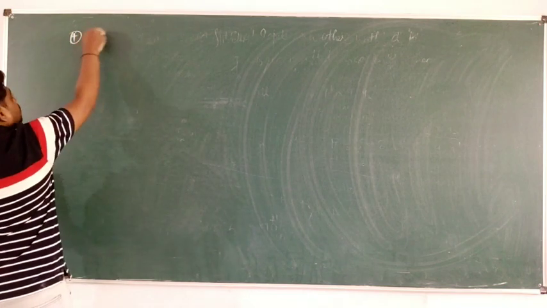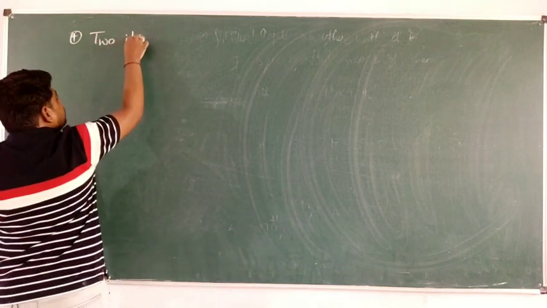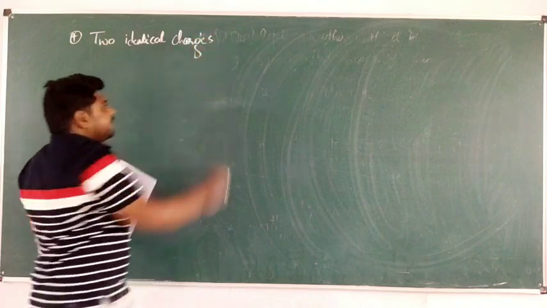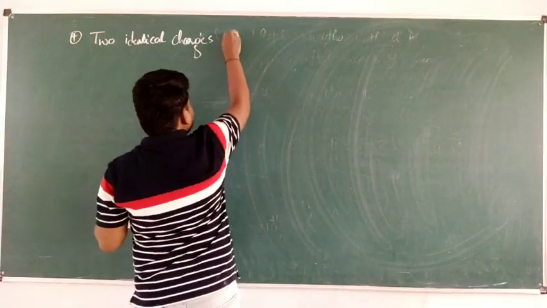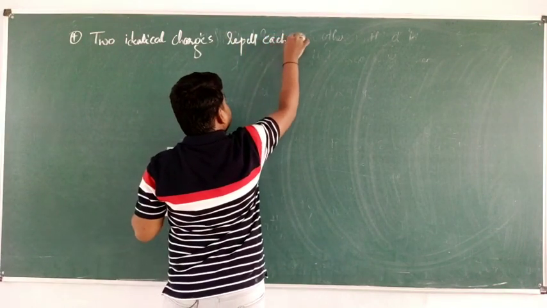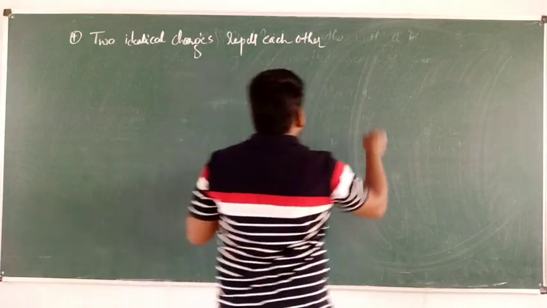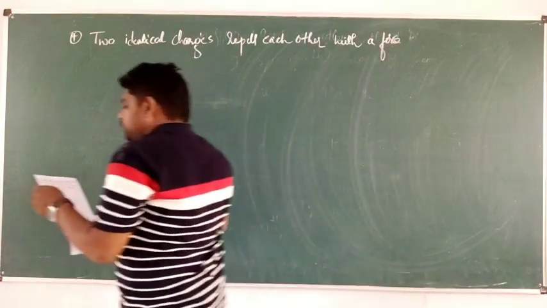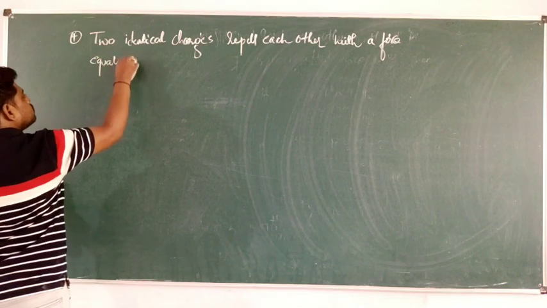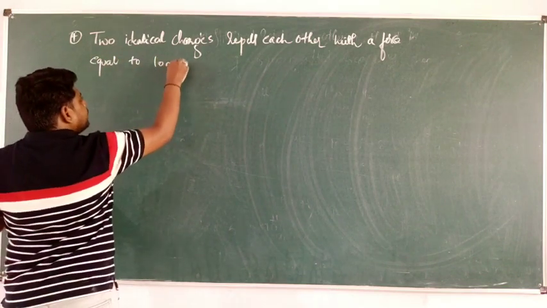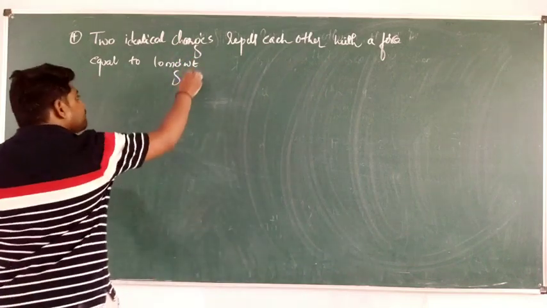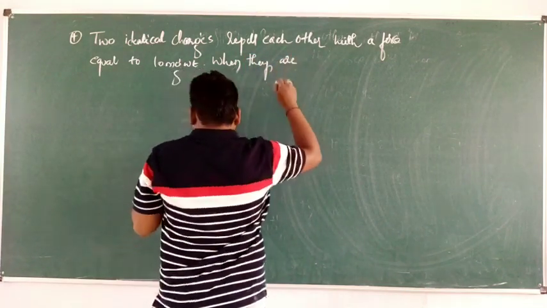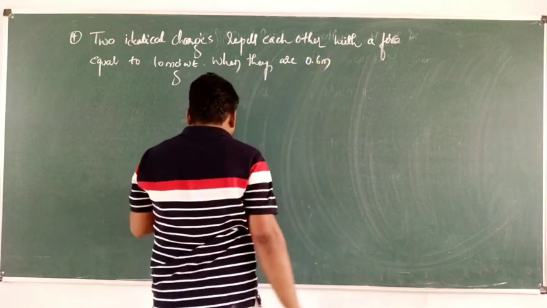Question number 4. Two identical charges repel each other with a force equal to 10 mg Wt when they are 0.6 meter apart.